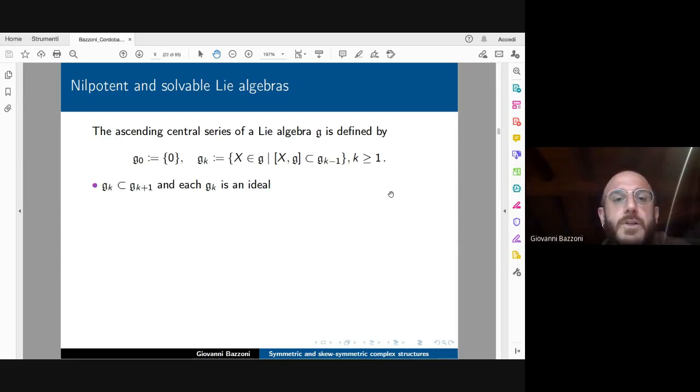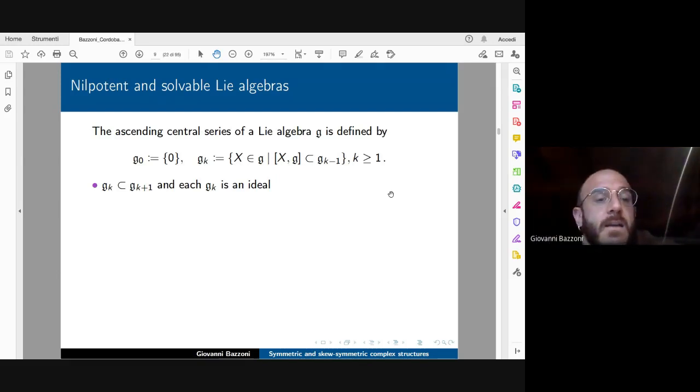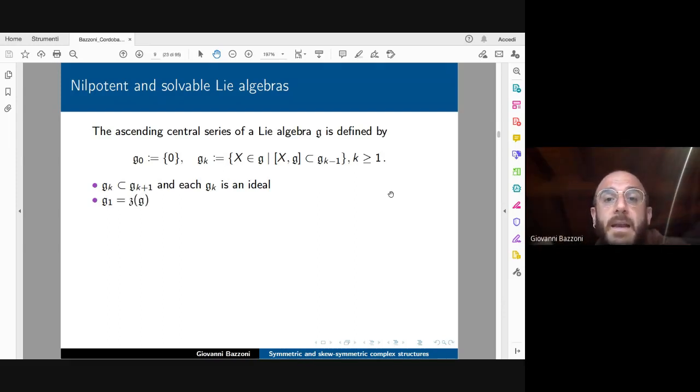This is an inductive definition, and it's easy to see that g_k is contained in g_(k+1), and that each g_k is an ideal inside g_(k+1). By the very definition, g_1 is just the center of the Lie algebra.